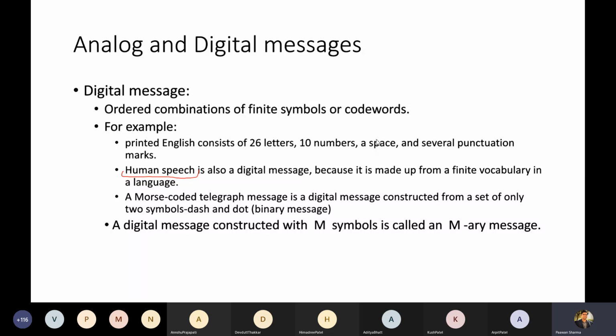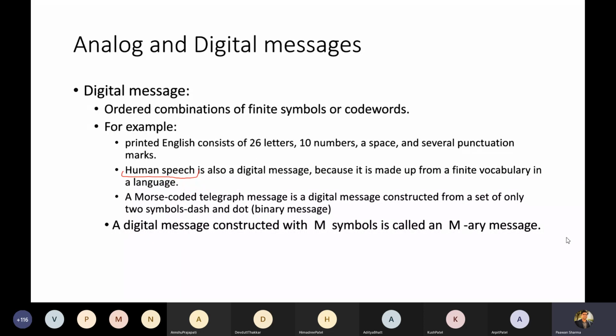Morse code is a very common example where you use two symbols to represent the information, which we call dash and dot.